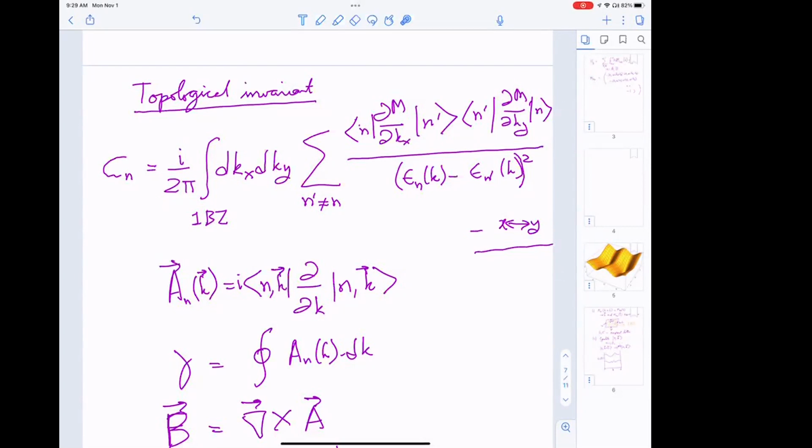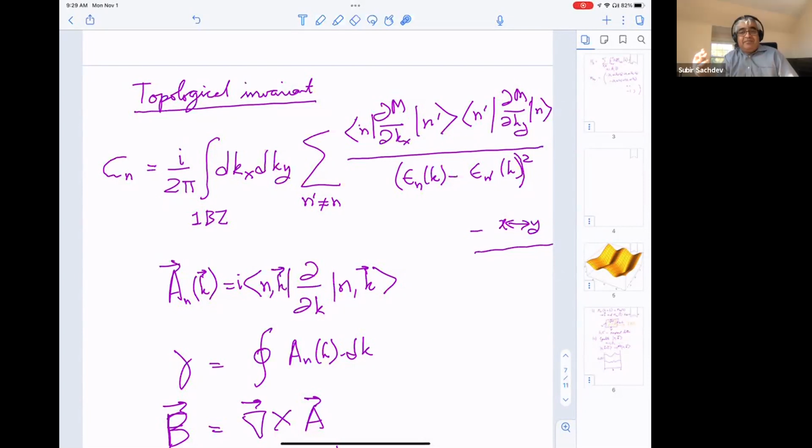Now you can ask another question. Suppose I vary the parameter as a function of time. That's the question Berry originally asked, but that's not the question we're asking. Then you compute the change in the wave function as you undergo a loop in parameter space. When you come back to the same point, you find your wave function has an extra phase factor that you wouldn't have thought from just the e to the minus i energy times time phase factor.